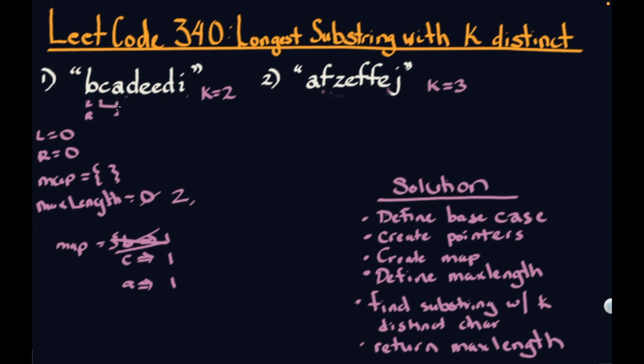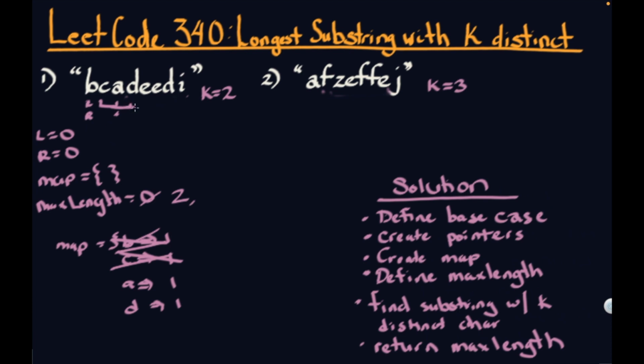So we're going to keep going from the right with the R pointer to this D. We break our condition. We just add that to the map. We break our condition, so we contract from the left-hand side, and we just eliminate that. And again, this substring with this A and D is going to be 2, so we don't need to update our max length.